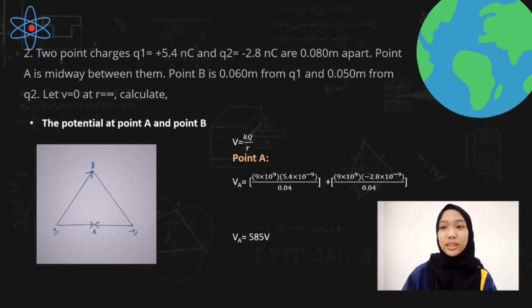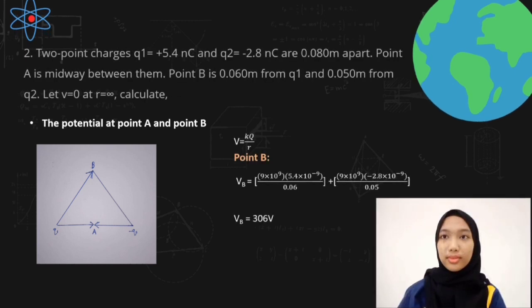We just substitute the values given in the question into this formula, which is 9 times 10 to the power of 9 times 5.4 times 10 to the power of negative 9 divided by 0.04 meter plus 9 times 10 to the power of 9 times negative 2.8 times 10 to the power of negative 9 divided by 0.04 meter. So, the electric potential at point A is 585 V.